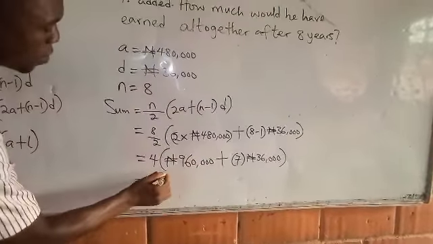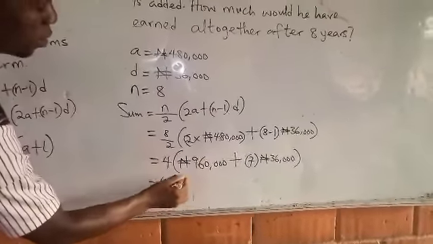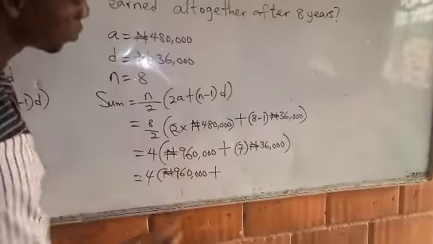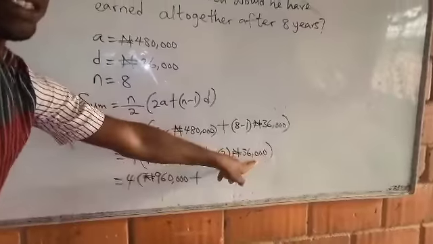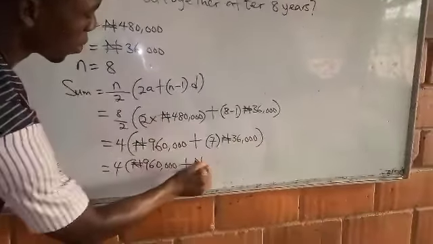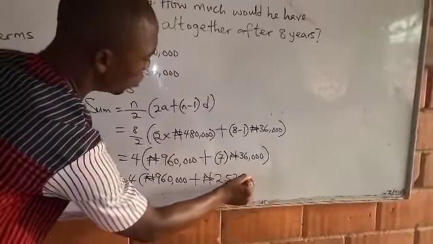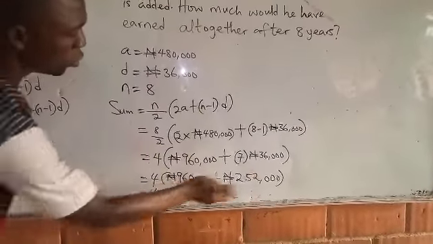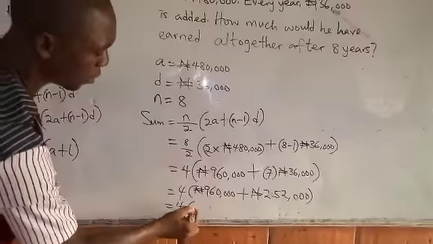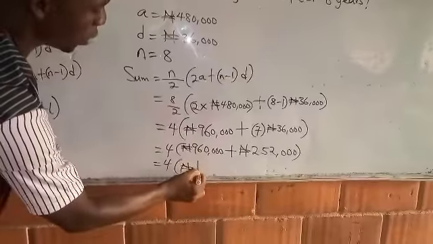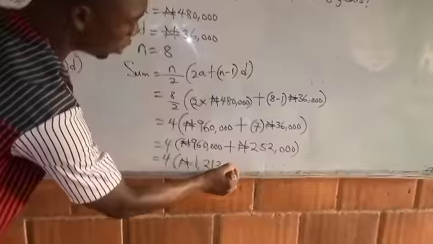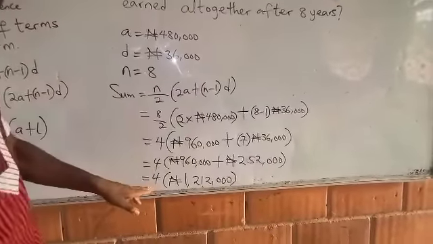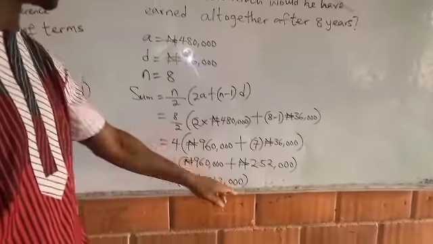So we have 4 multiplied by (960,000 plus, if you multiply 7 by this 36,000, we have 252,000 naira). So if you add the two values in the bracket, that will be 1,212,000 naira.